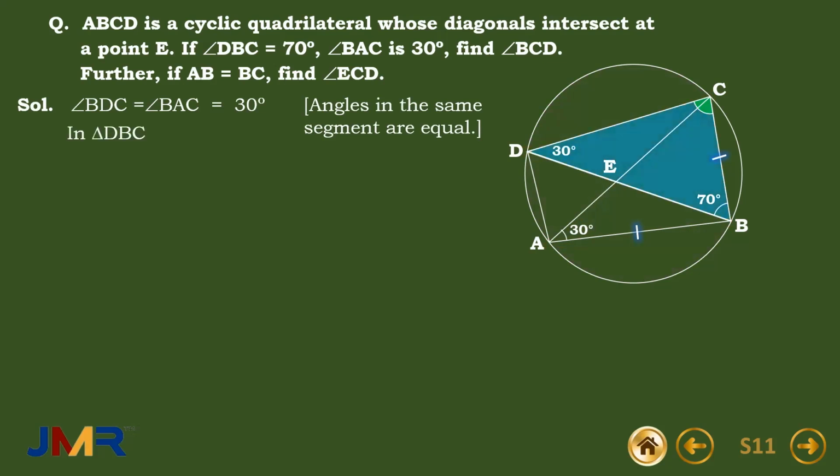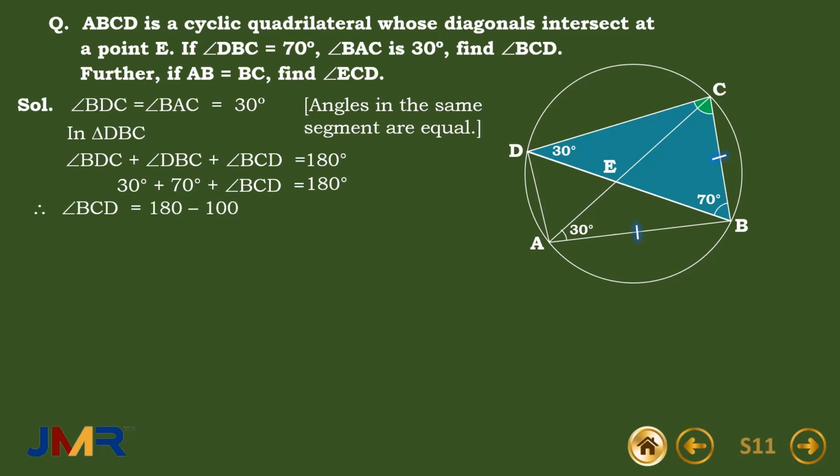Now, in the triangle DBC, apply angle sum property. Angle BDC plus angle DBC plus angle BCD is equal to 180 degrees. Therefore, 30 degrees plus 70 degrees plus angle BCD is equal to 180 degrees. Angle BCD is equal to 180 minus 100. Angle BCD is equal to 80 degrees. It is very, very simple.